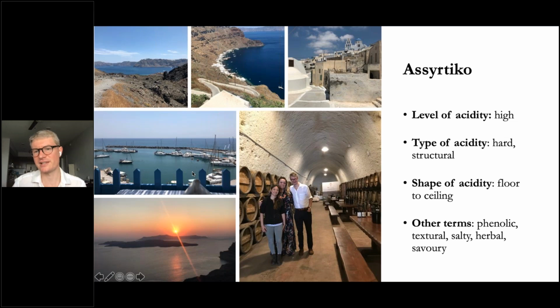And the floor to ceiling analogy is me trying to get at the fact that this is the most obvious example of how acid can structure the mouthfeel of a wine, which means the way that it gives a sense of shape or architecture to the fruit. It holds everything together and gives it a shape in the mouth, so it doesn't just flop around. It's a very structural kind of acidity.